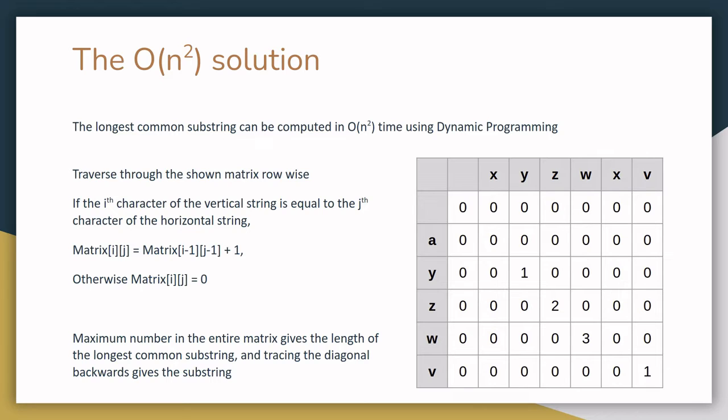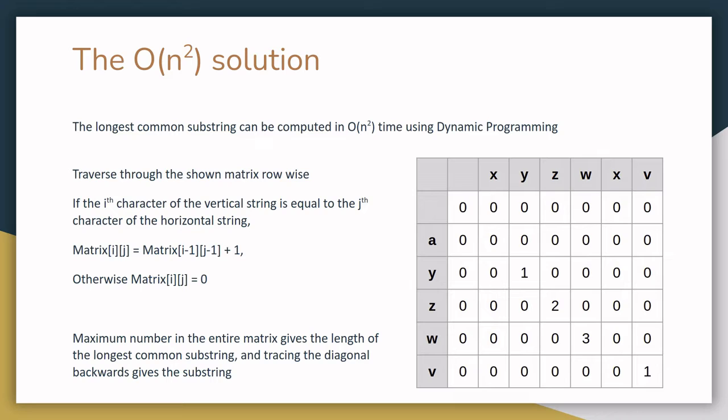Let's go through an example. As we can see, there are two strings, one we have kept vertically and another horizontally, and we initialize a matrix of the size as shown with zeros, and after filling the 0th row and 0th column with zeros, we start traversing the matrix row wise, and basically the rule is, if the ith character of the vertical string is equal to the jth character of the horizontal string, then the cell ij is equal to the cell which is diagonally behind the current cell, which is i minus 1, j minus 1, and the value of that, and just add 1 to it.